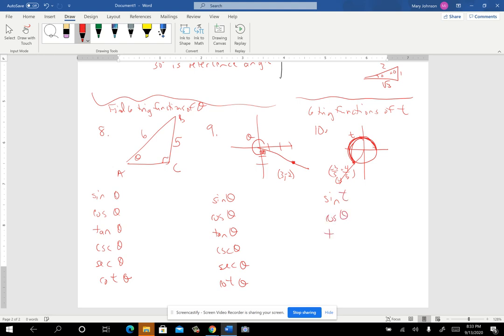And that kind of takes you through what was going on in 5.1 to 5.4. You started with trig functions of only angles that could be in a right triangle. Then you talked about angles that could be really not necessarily acute. They could be even more than 360 sometimes.